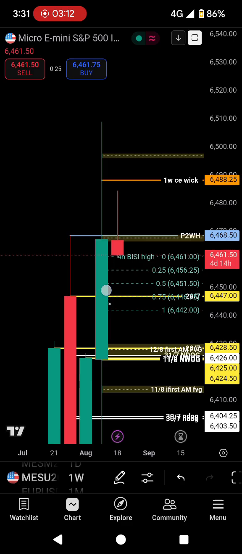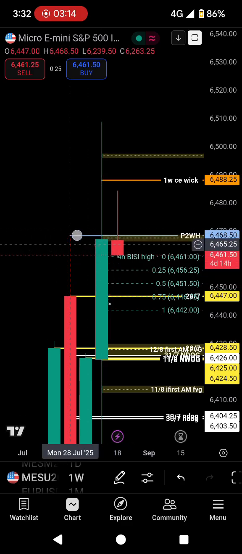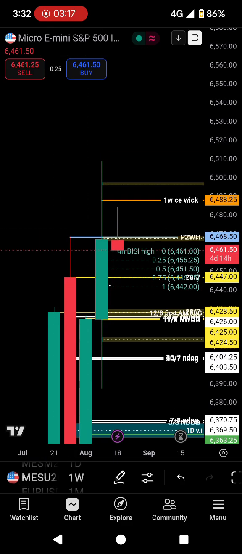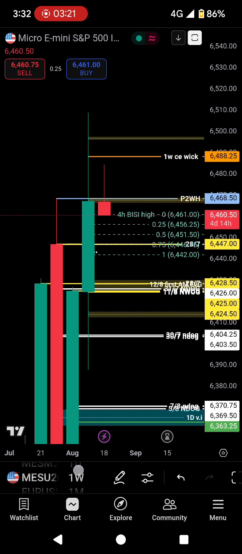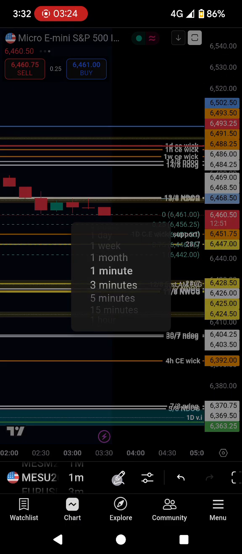And how did last week close? So last week closed below this old weekly high. So that's important.